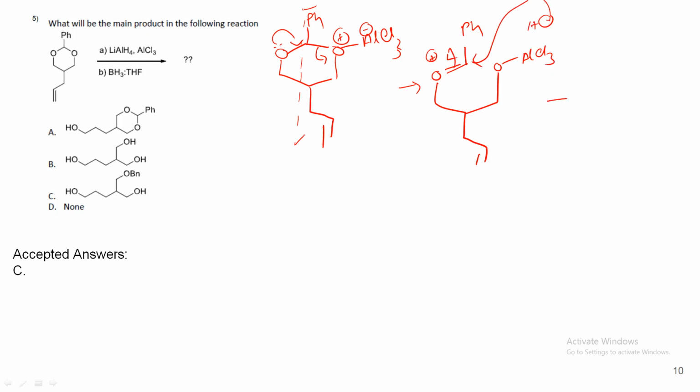Hydride is donated like that, and this thing is generated. And this kind of thing will not be surviving much in the reaction medium. So it should be generated. Now here we are doing the BH3 THF.